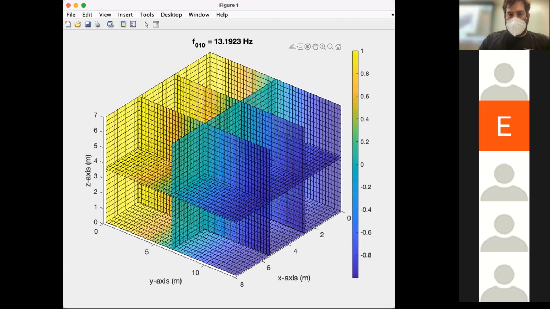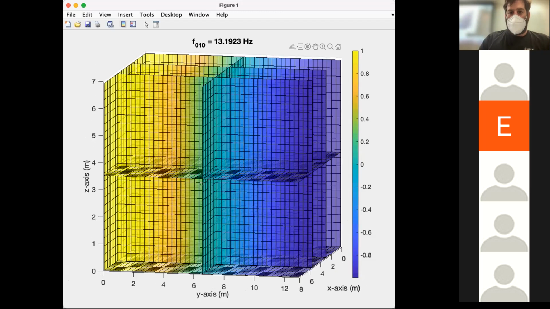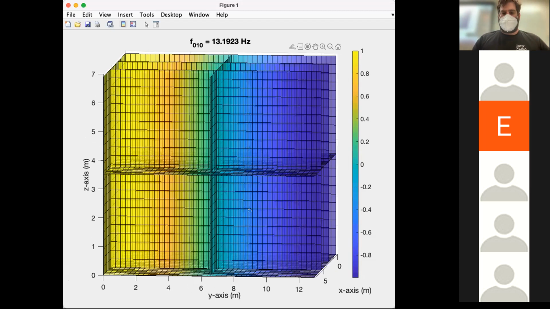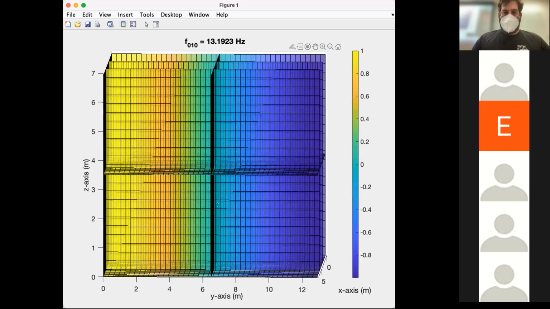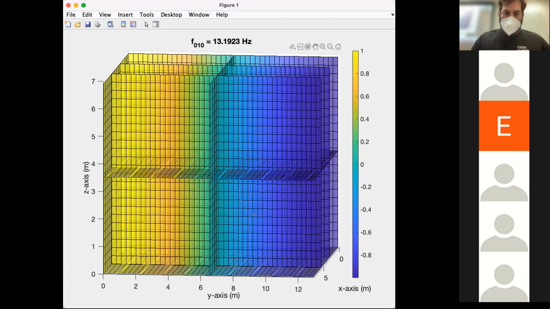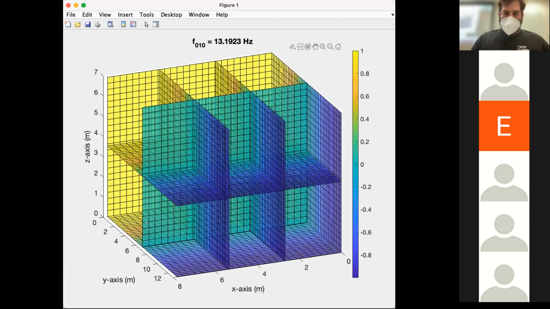So if I flip it this way and we look in y, we can see that go from 1 to 0. It's a half cosine. I know that's hard to picture, but from left to right, it's going from 1 to 0 because that's the y-axis.